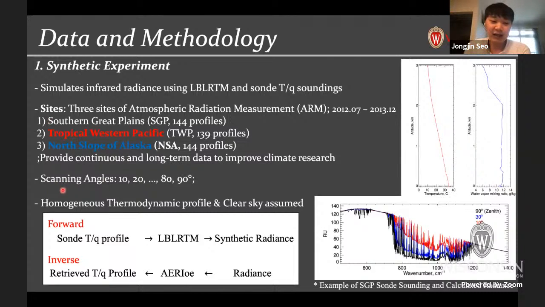And the scanning angles we have are 9 different angles from 10 degrees to zenith with 10-degree gaps. And also we assume homogeneous thermodynamic profiles and clear sky conditions. So this figure shows an example of SGP sonde soundings, temperature and water vapor mixing ratio.